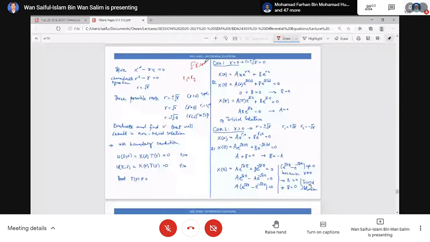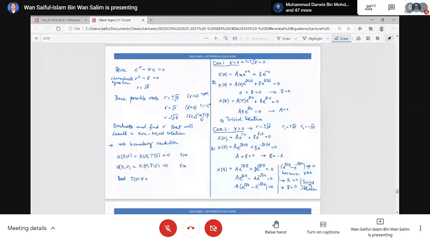So we put a negative sign in here, and then R1 sama dengan positive the square root of negative gamma, and R2 is equal to the minus of a square root of gamma. Alright, so that will give us a complex solution. Then we go on to find the alpha and the beta from the complex number given to us. Alright, so and then we're going to evaluate and find the root that will result in a non-trivial solution.